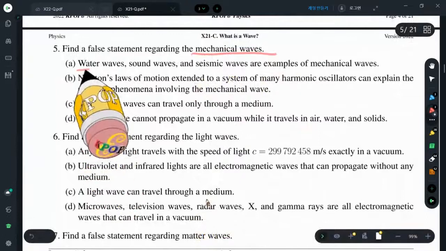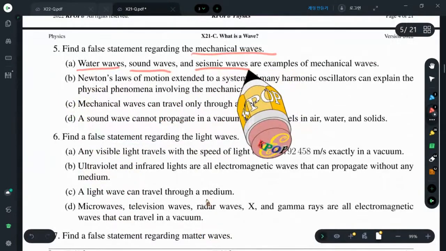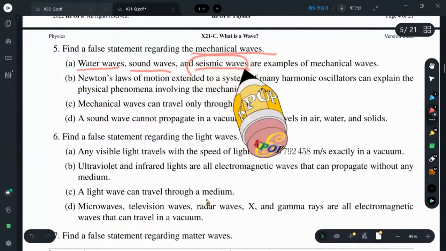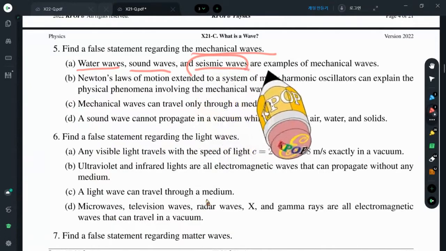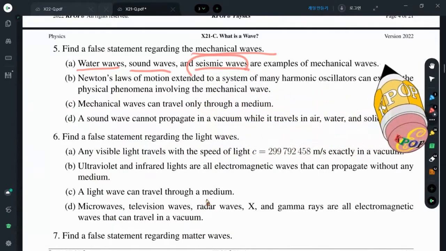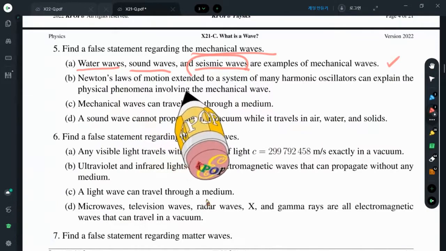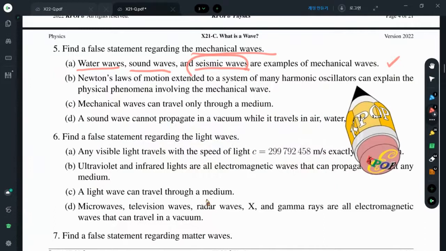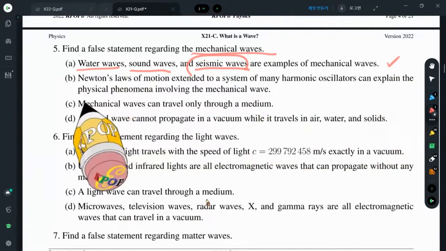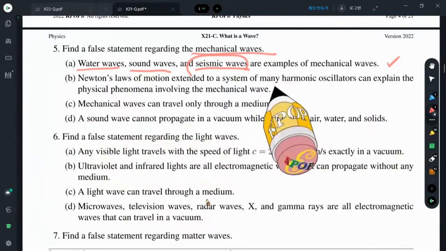Mechanical waves, water waves, sound waves, seismic waves underground, are examples of mechanical waves. Okay. Newton's laws of motion extended to a system of many harmonic oscillators can explain the physical phenomena involving the mechanical wave.